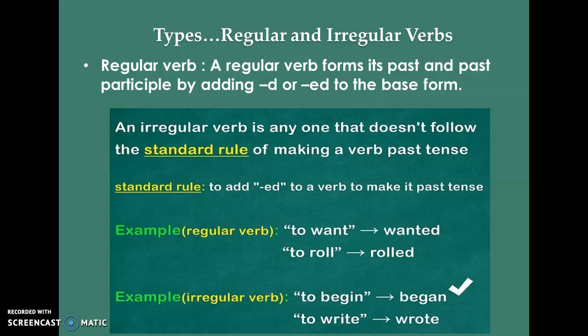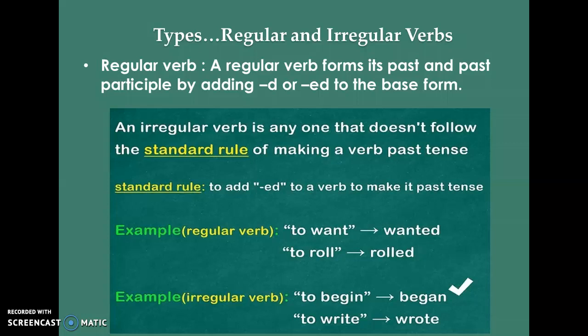The standard rule is addition of d or ed to make the second form or the third form, that is the past form or the past participle form of the verb. So regular forms are all those verbs which make second and third form by adding d or ed, whereas all those forms which do not follow the standard rule of adding d or ed at the end to make second and third form, that is past or past participle form, are irregular forms.